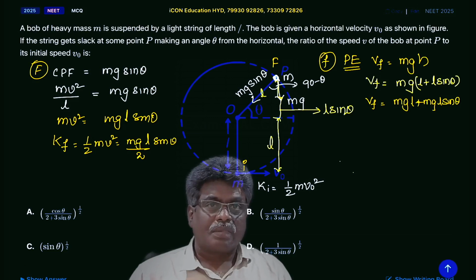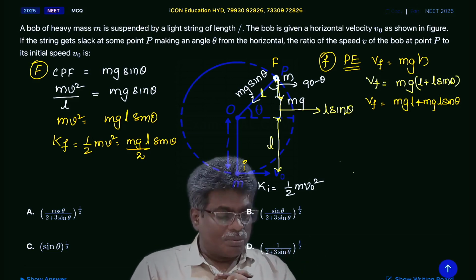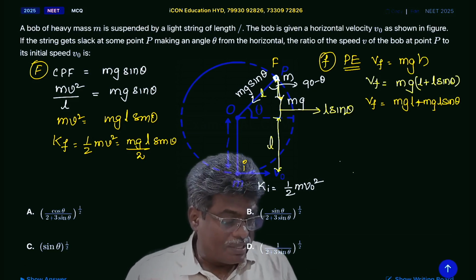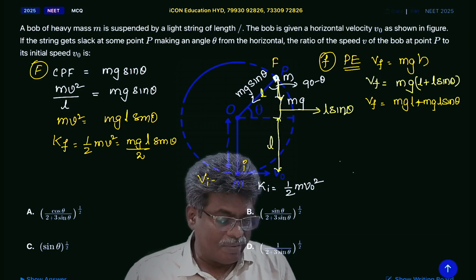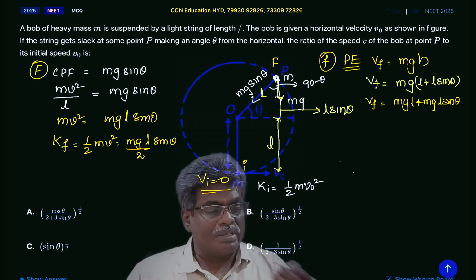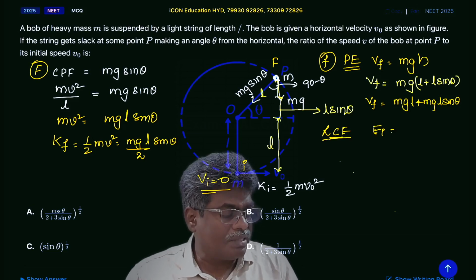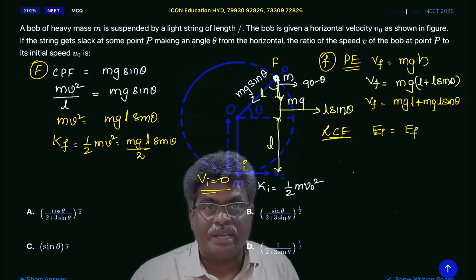Okay. Now we got final kinetic energy and final potential energy. And for the initial potential energy, there is no initial gravitational potential energy, it is equal to 0. So now let us apply the law of conservation of energy. Total initial energy equal to total final energy.